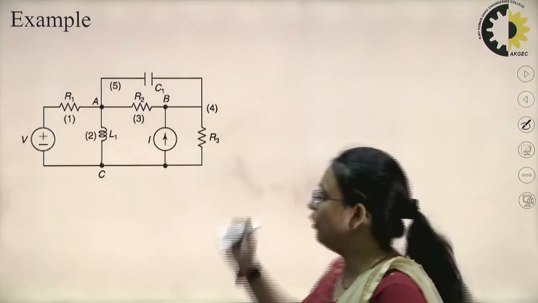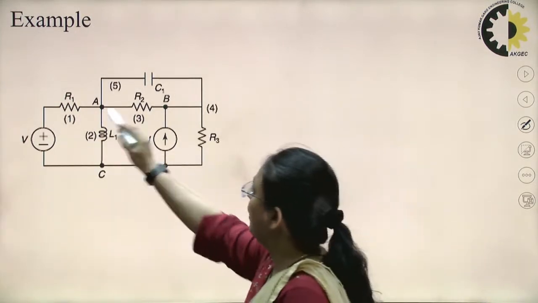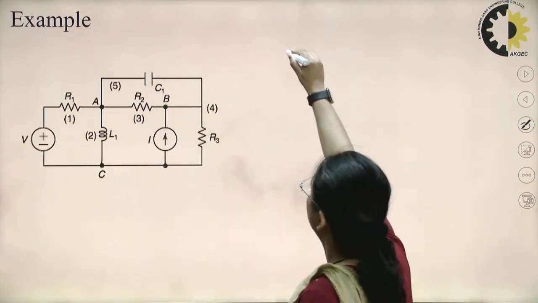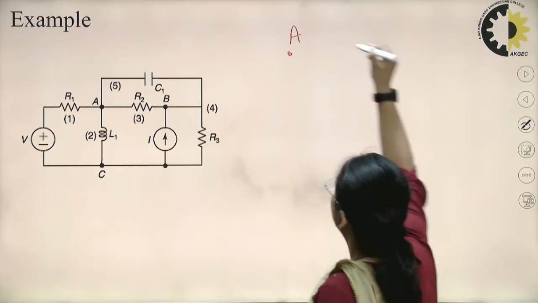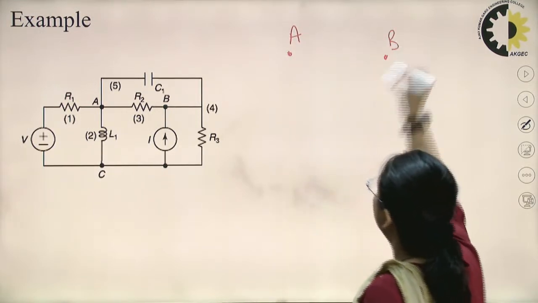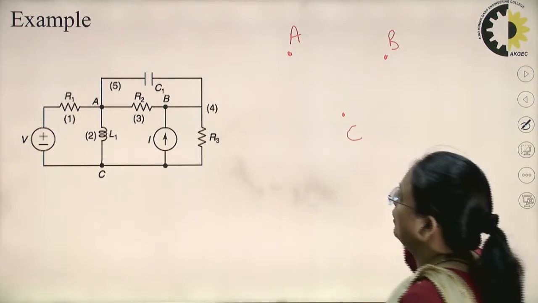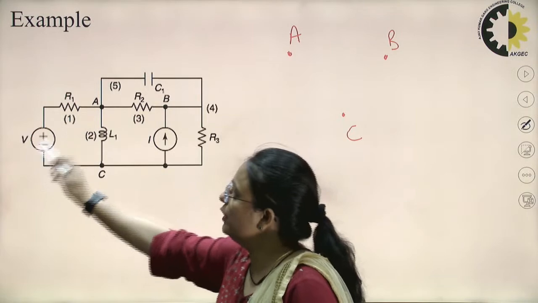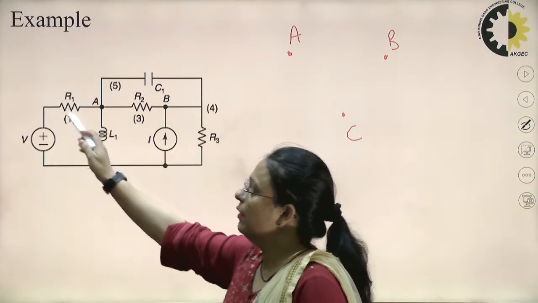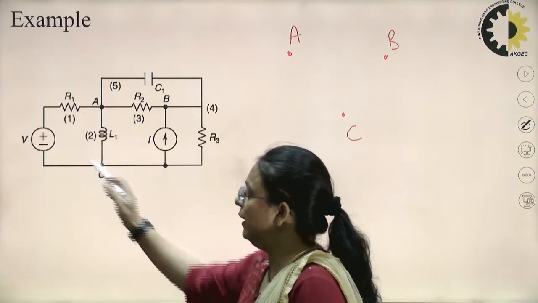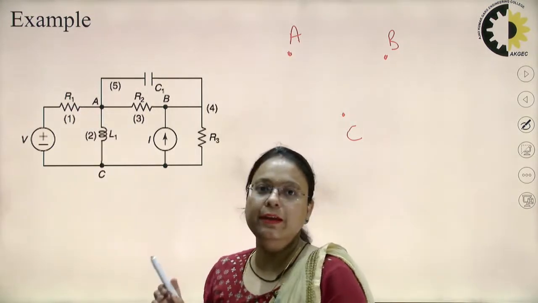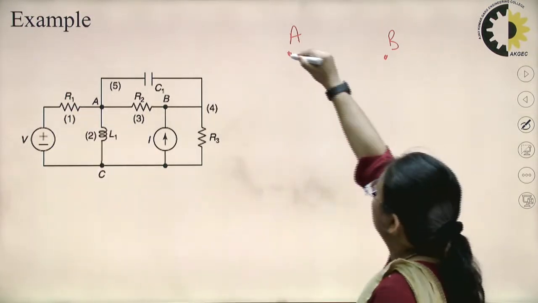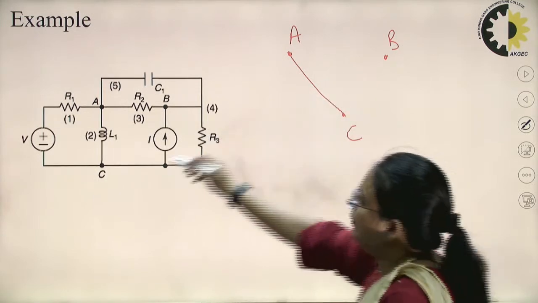So for this network I'll select 3 nodes: this is node A, this is node B and this is node C. Between A and C you can see that the voltage source is connected in series with the resistor. So between node A and C I can connect a single branch, which is named 1.